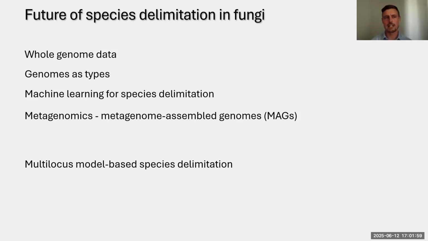So of course it's the whole genome data. It's practically already happening. It's not future. And again, I will discuss this quickly one by one later. This is just the introduction of these topics.